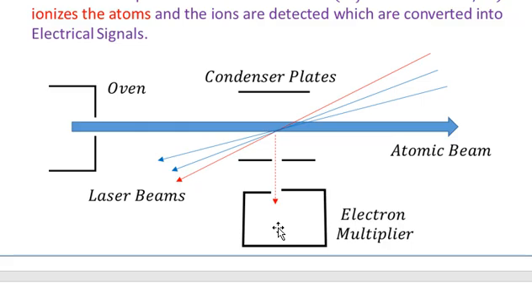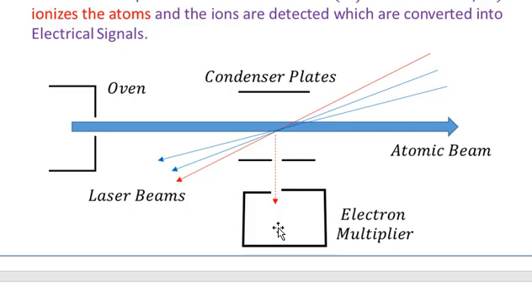So the detection of these ions will indicate that under the specific application of the electric field, you have ionized a Rydberg state. So you can infer the information about a particular state of the Rydberg atom, what was the state of the Rydberg atom, and how much electric field was applied in order to ionize such Rydberg atoms.